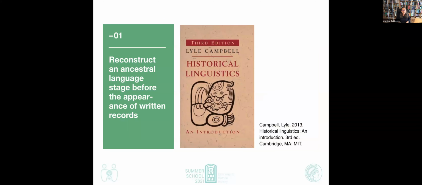And the textbook market for historical linguistics and linguistic reconstruction is today livelier probably than it has ever been. But a good old classic that can introduce you to historical linguistic reconstruction is this introduction by Lyle Campbell, already in its third edition.